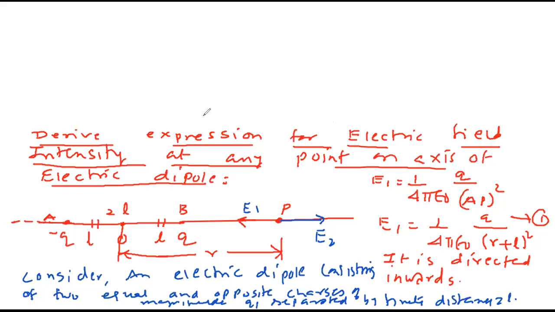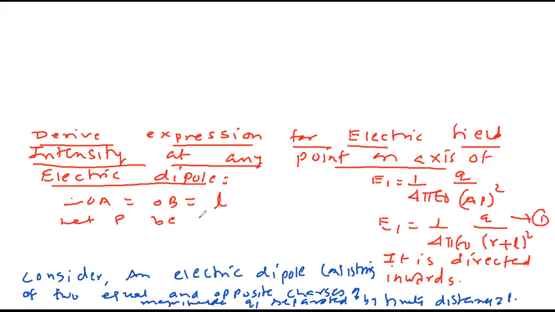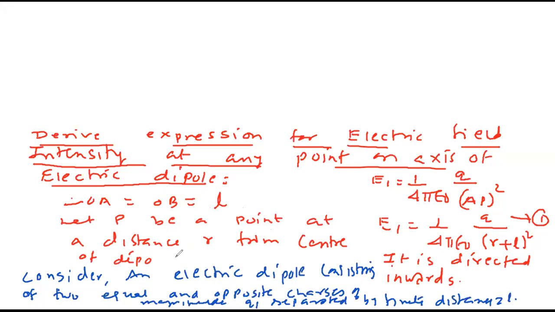Let O be the center of the dipole. Therefore, OA equals OB equals L. Let P be a point at a distance R from the center of the dipole.